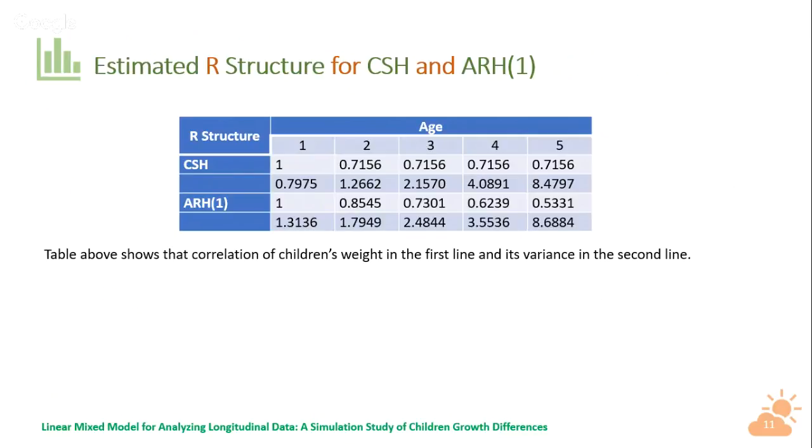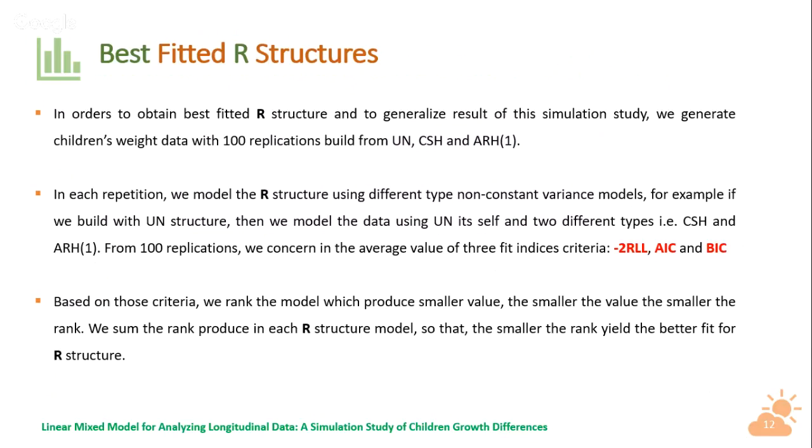From the heterogeneous compound symmetry, the variance-covariance value from the first age and the second age is 1.2, and the correlation is 0.7, or 70%. Then we have 5 unique variances and 1 correlation parameter.